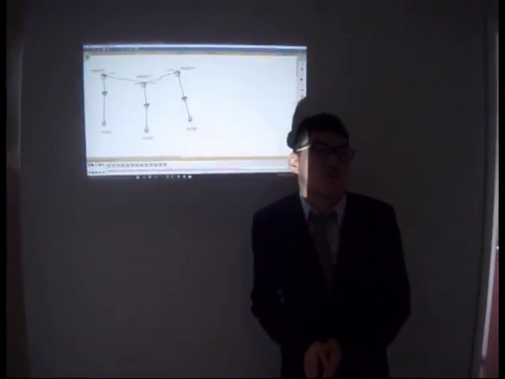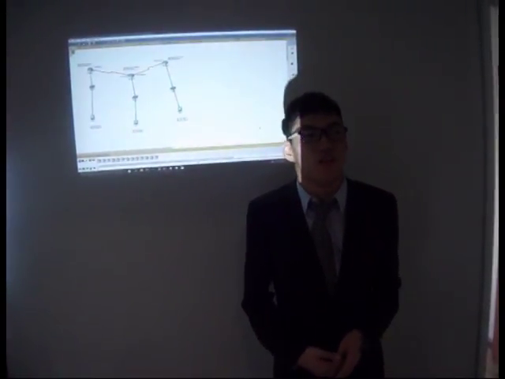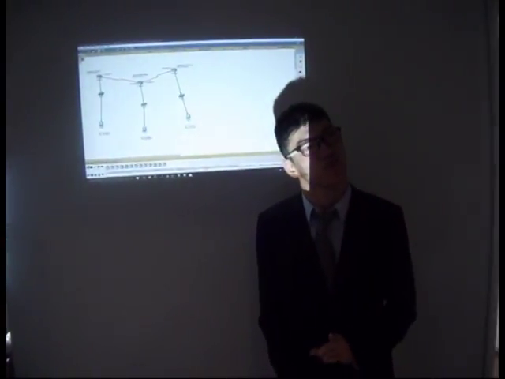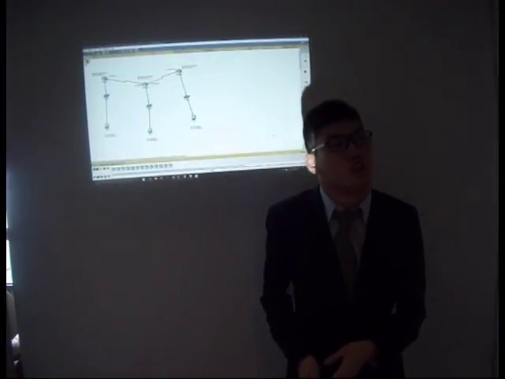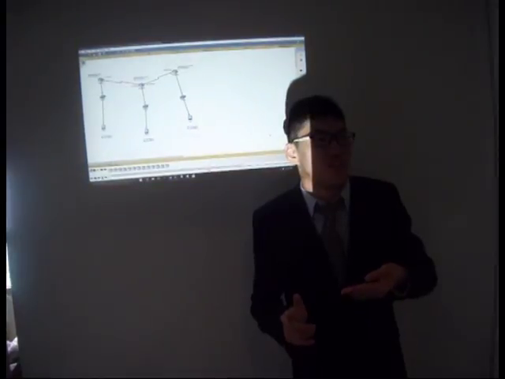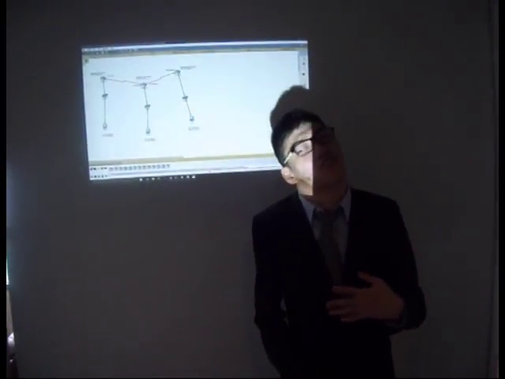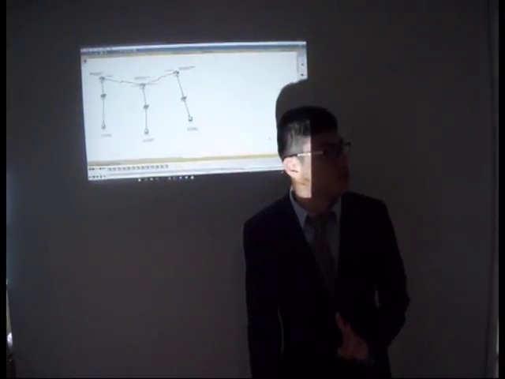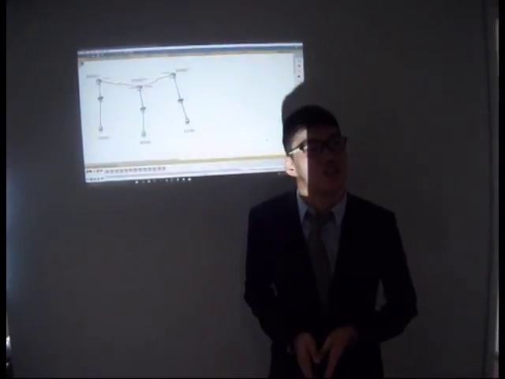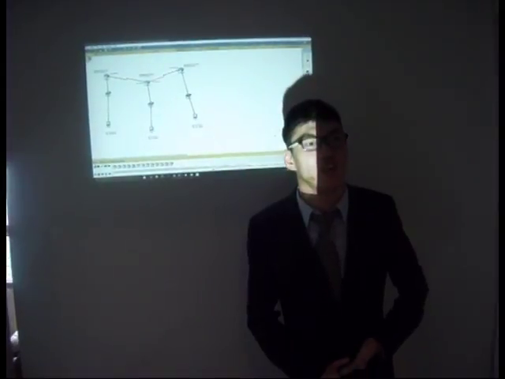The first type is called the Interior Gateway Protocol Type 1. This type of protocol is link state routing protocols. The second type is the Interior Gateway Protocol Type 2. This type of protocol is distance vector routing protocols.